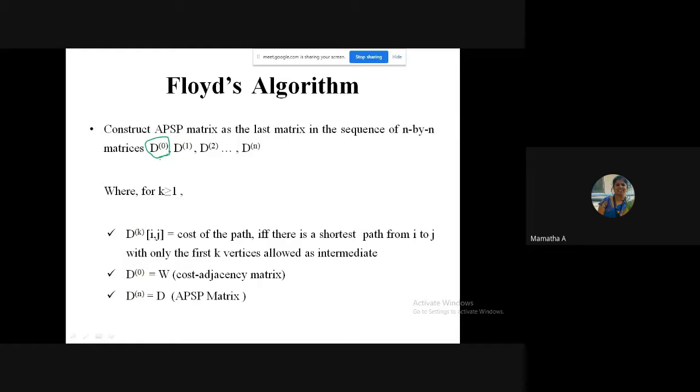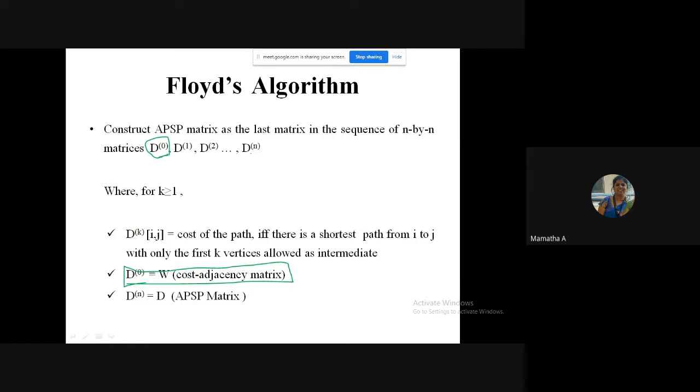In Floyd's, D0 will be what? The cost adjacency matrix. Whatever is the matrix input being given, that will be your D0.